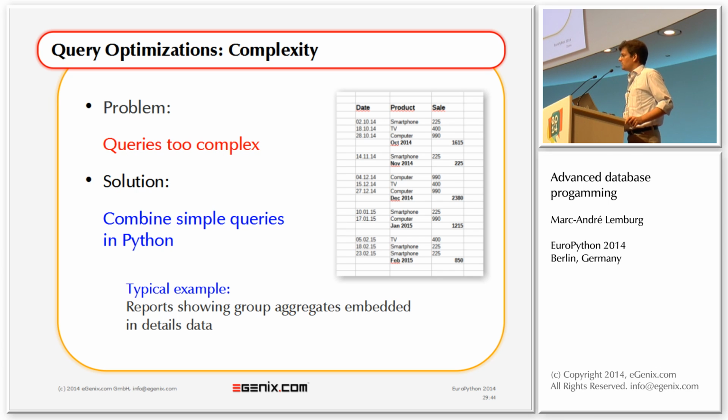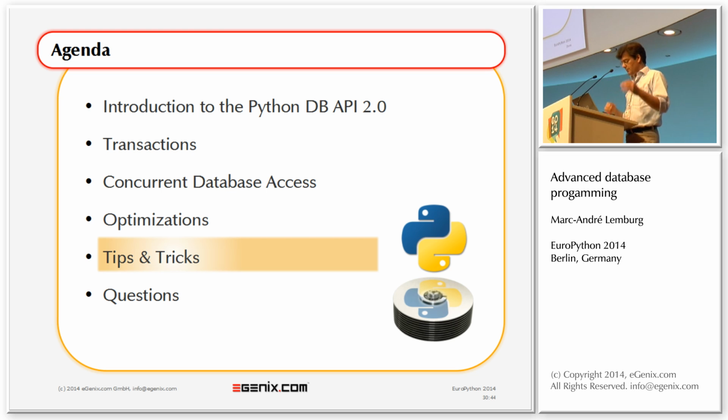Doing that in SQL is really hard. You can do it, but it's really complex, and it's much easier to do in Python. So in this example, you just run two queries. You run one query for the details, and one query for the aggregates, and then you combine everything into a single table, and use that in your application.